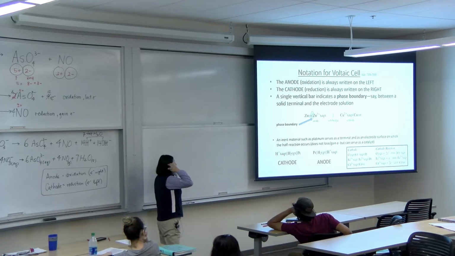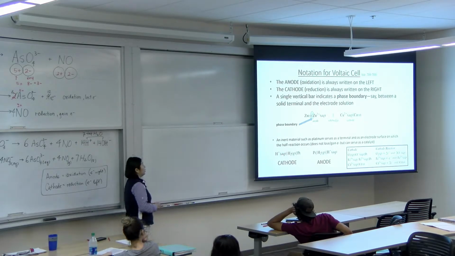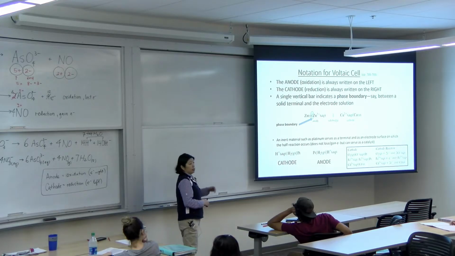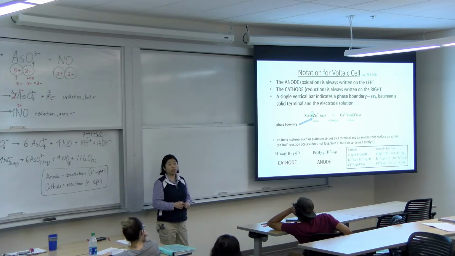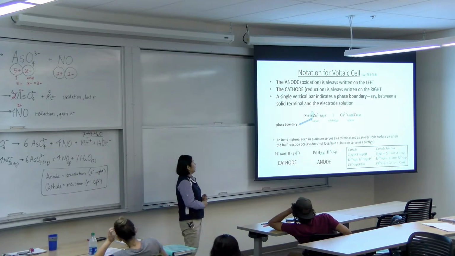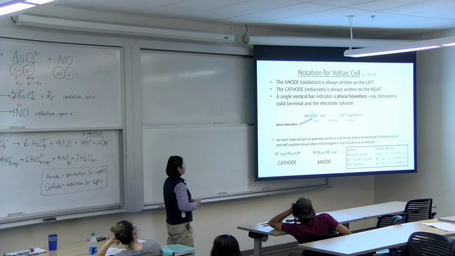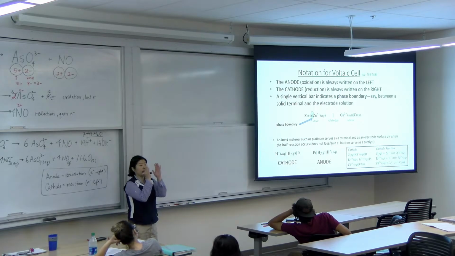So the anode has to be written on the left, the cathode has to be written on the right. A single vertical bar indicates a phase boundary. Okay? In the previous picture, we saw a solid plate of zinc. Okay? And the electrode solution. And of course, the salt bridge is represented by the double parallel lines.